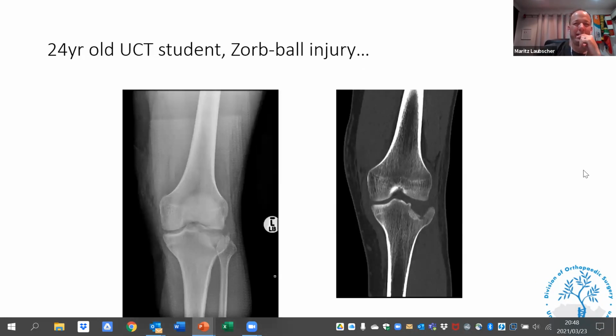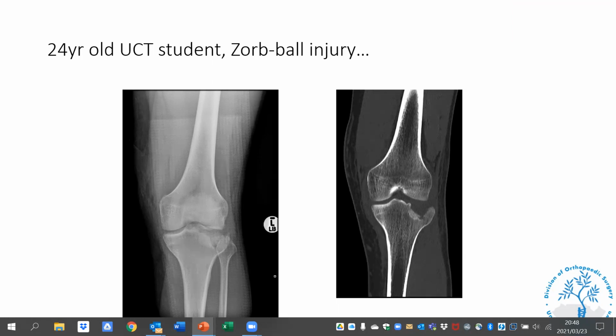Okay, this is another injury. Does anyone know what a zorb ball is? Is this like a giant soccer ball? And this guy actually had a video of himself. So it's this huge round ball where you only have your limbs sticking out, your legs sticking out from just above the knee, and then they do various things, roll down hills, or in this case they played football like that.